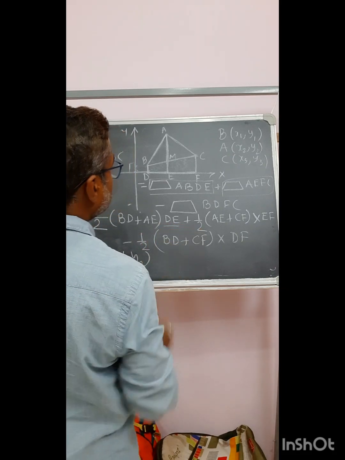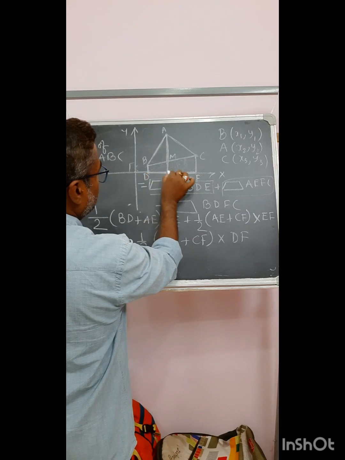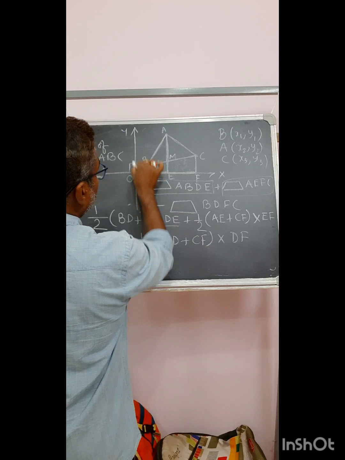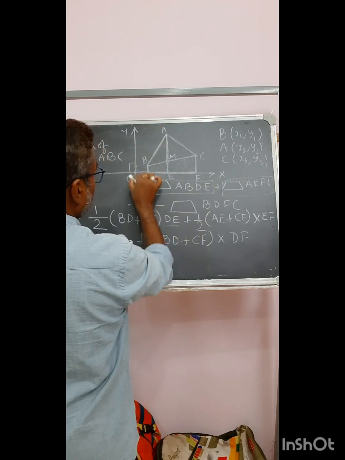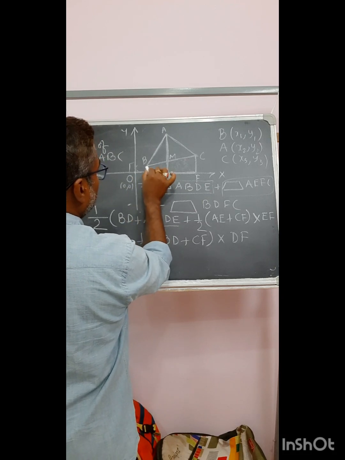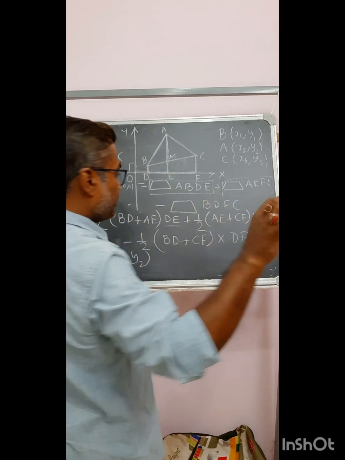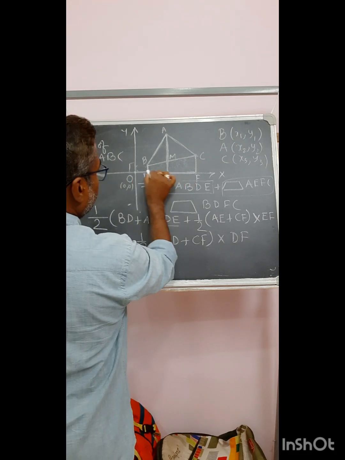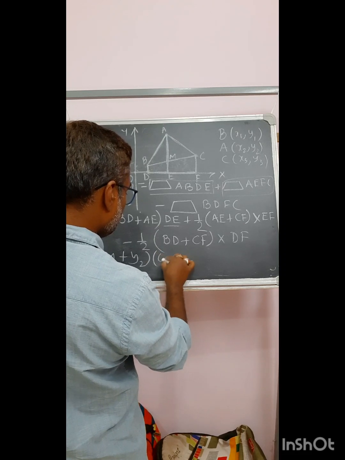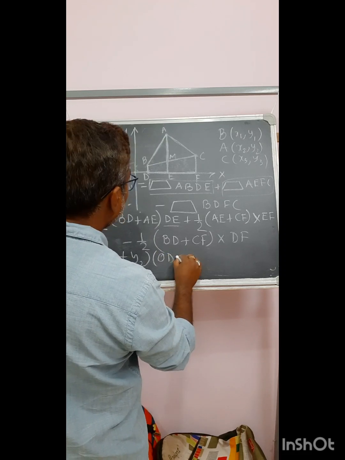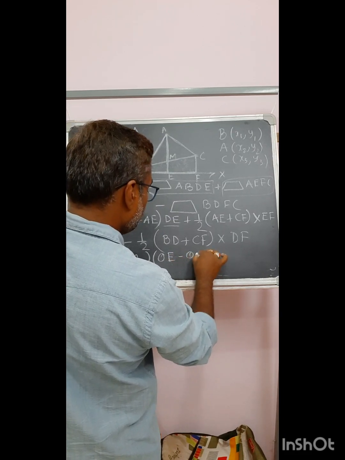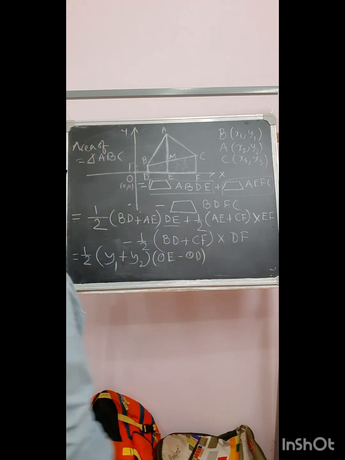Now the remaining part is DE. How do I find DE? If it is the origin where the x and y axes meet, this is 0, 0. So from there any distance would be the x distance of that point itself. So DE is nothing but OE minus OD, which I can write.